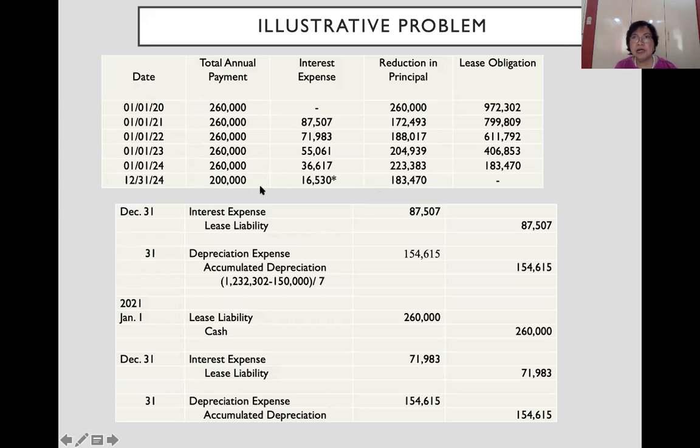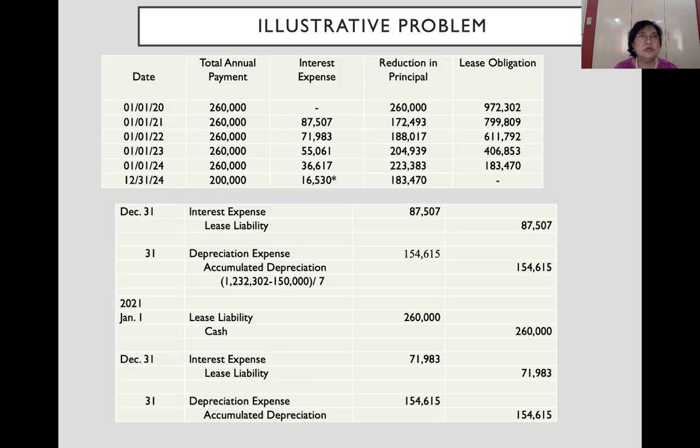Now, to signify that the asset is not being leased anymore, but the asset already is transferred in your name as far as title is concerned, then you simply transfer the ledger balance of the right of use asset to automobiles. So debit automobiles, credit right of use asset dash automobiles.